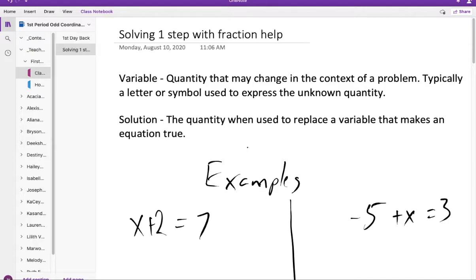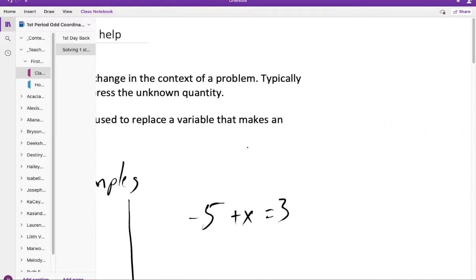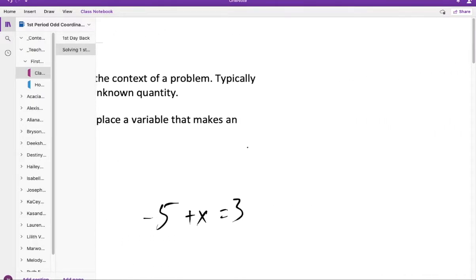And what I mean by a solution is that quantity that actually makes the expression or equation true when you plug it back in.